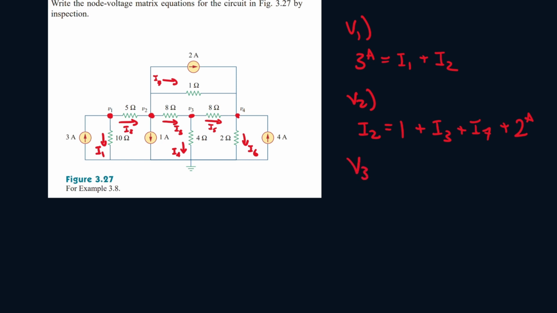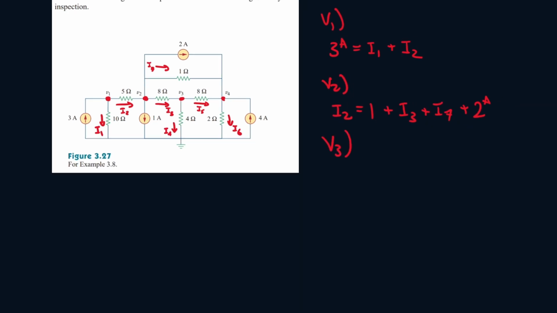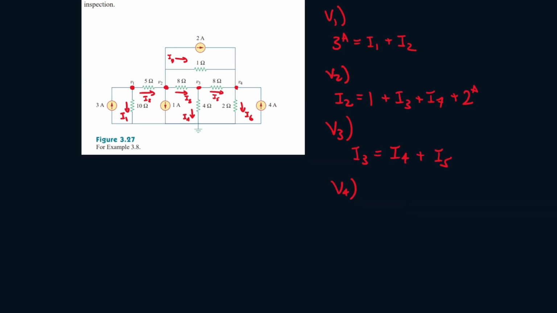Now for V3, we see I3 enters the node, and I4 and I5 leave the node. So I3 enters, and this will be equal to I4 plus I5. For V4, we see I5 enter the node, and we see I7 from here, and the 2 amp also enter the node, because this whole thing is considered the V4 node.